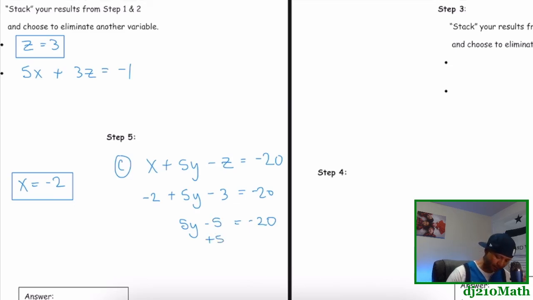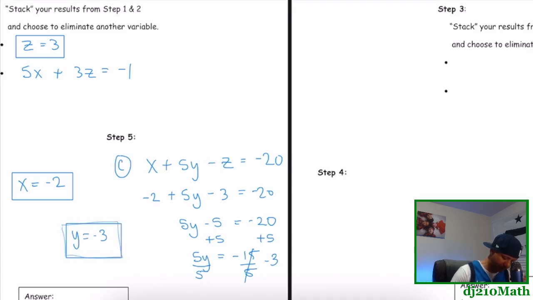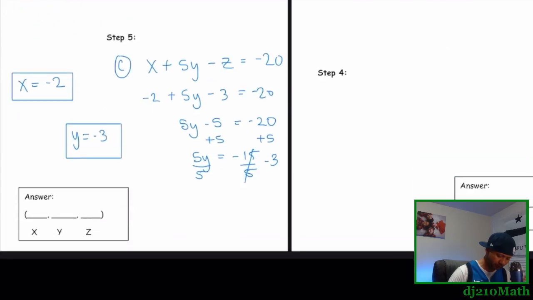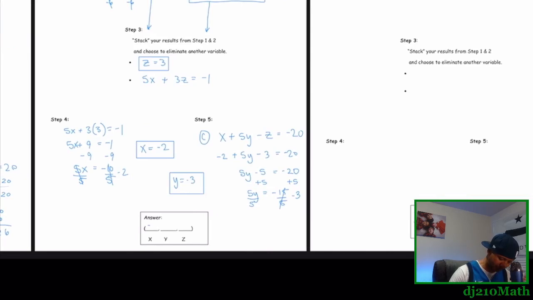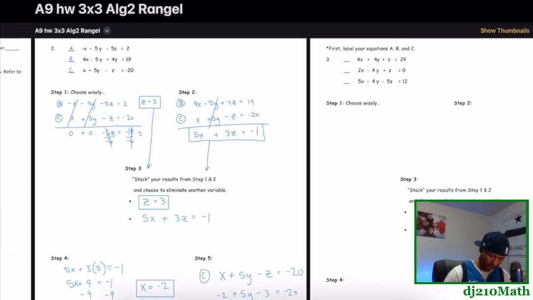I'm adding 5, so 5y is equal to negative 15. Divide both sides by 5. This is negative 3. So y is equal to negative 3. So my xyz solution: x is equal to negative 2, y is equal to negative 3, and z is equal to 3. All right, next example.